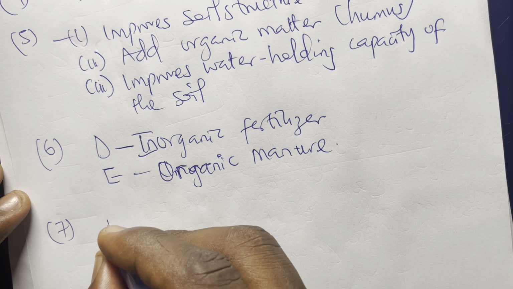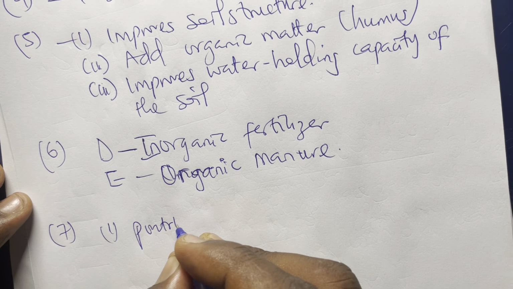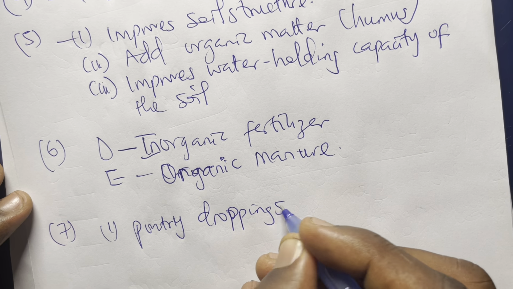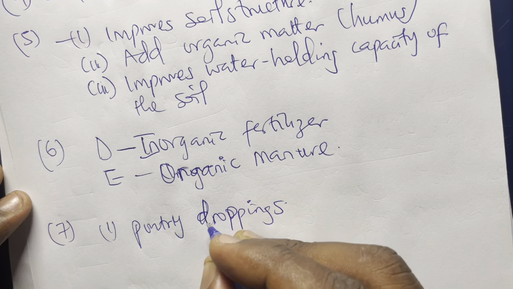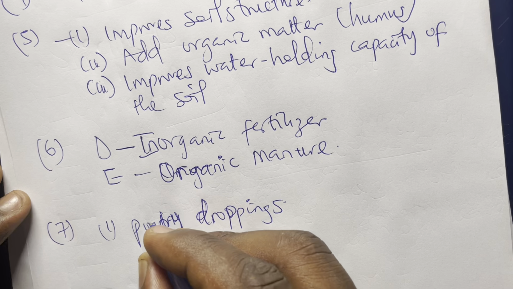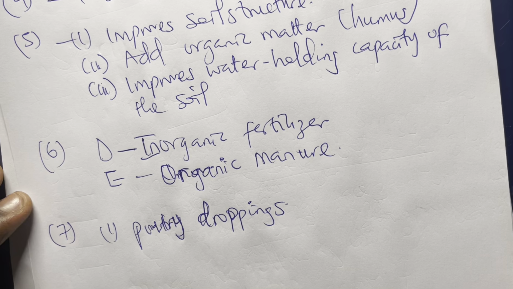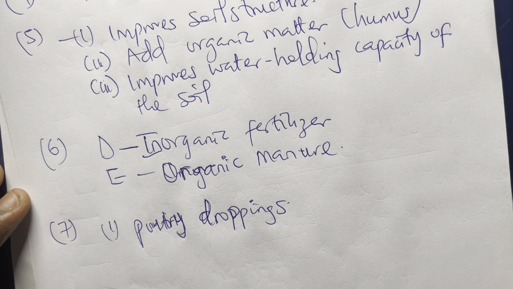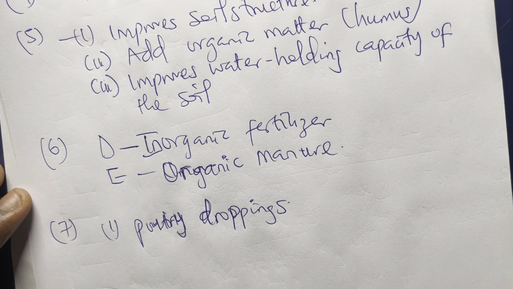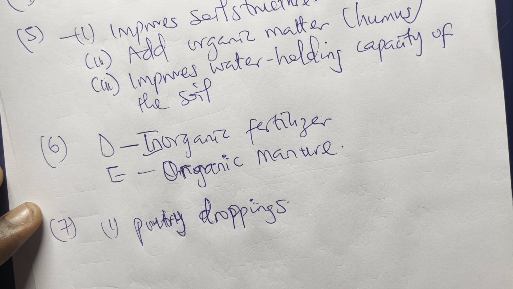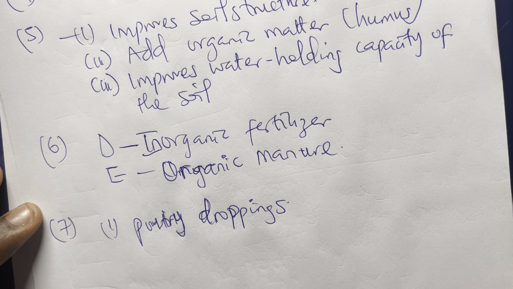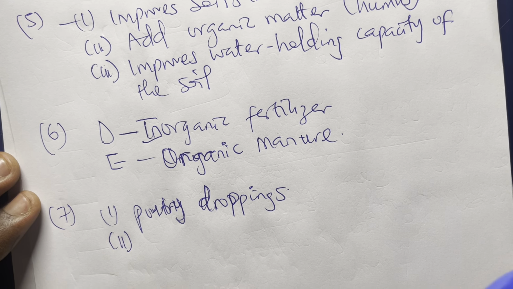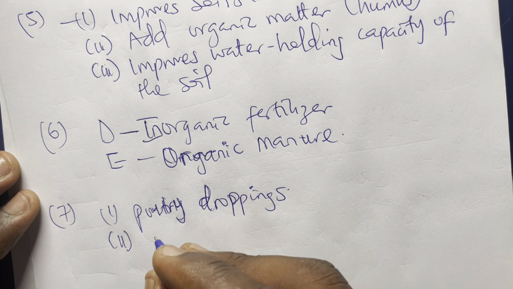The first one is poultry dropping, meaning the waste from poultries like duck, fowl, and chicken. It can serve the same purpose as specimen E, the cow dung, because they are all manure. Another one is compost as well.